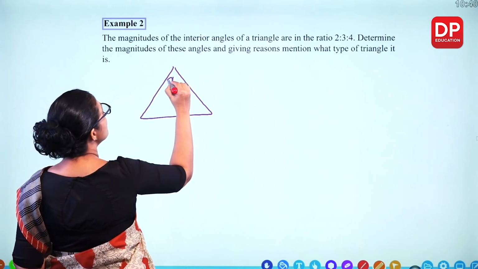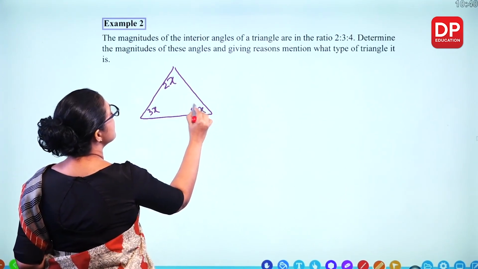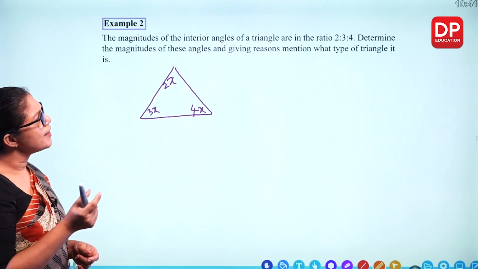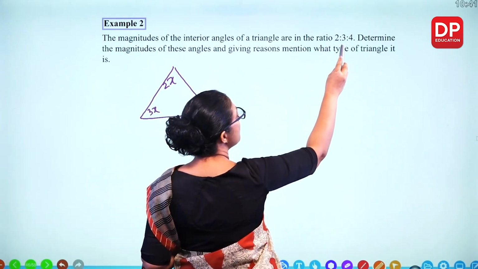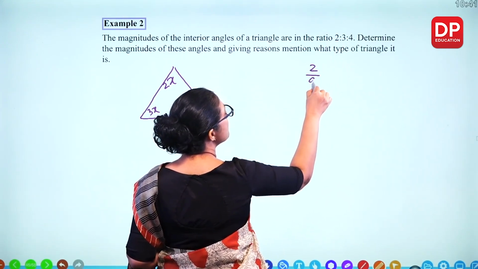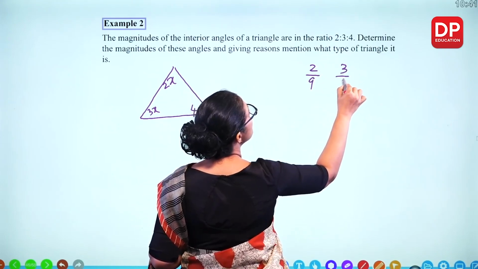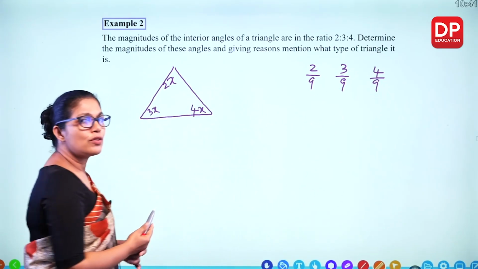You can use 2x, 3x and 4x and solve the equation, or you can find out the fraction. So out of 9 parts, 2 ninths for this angle, 3 ninths for this and 4 ninths for this, so that way is also possible.